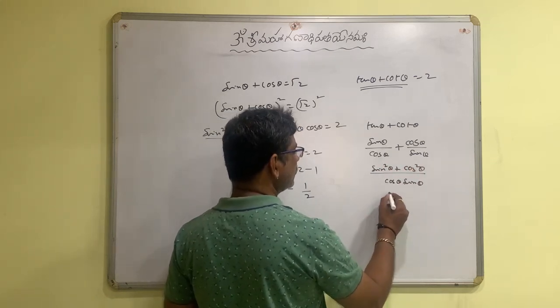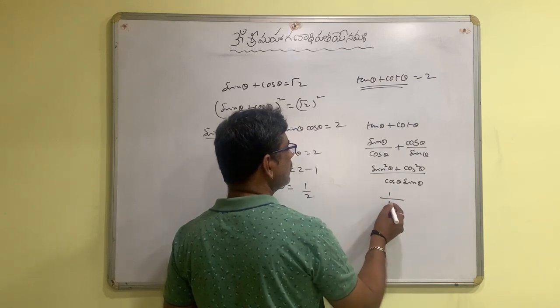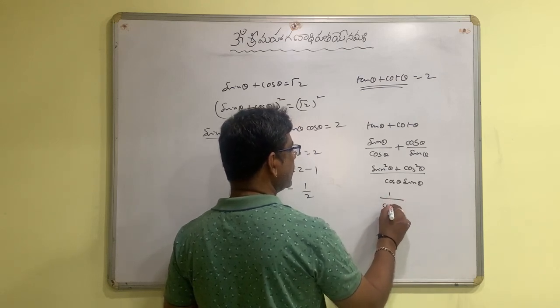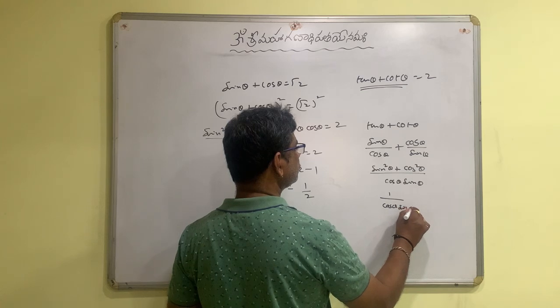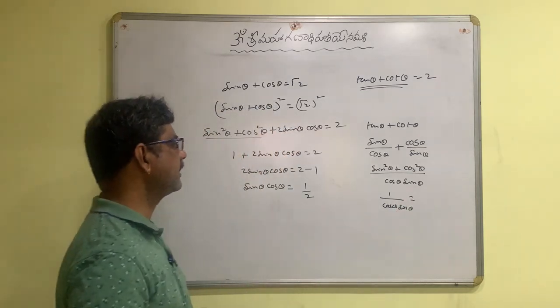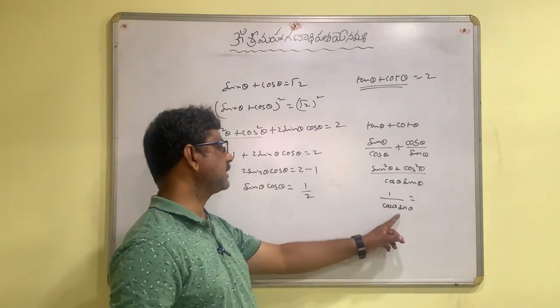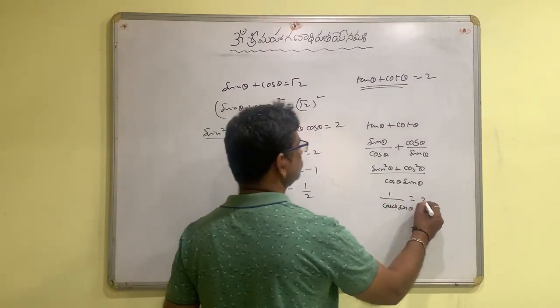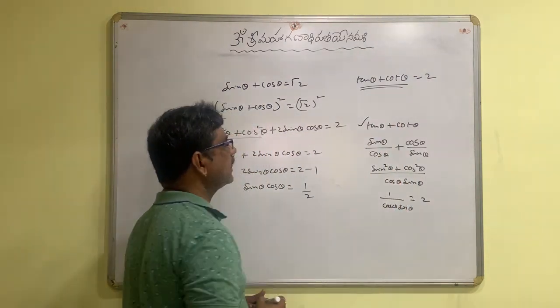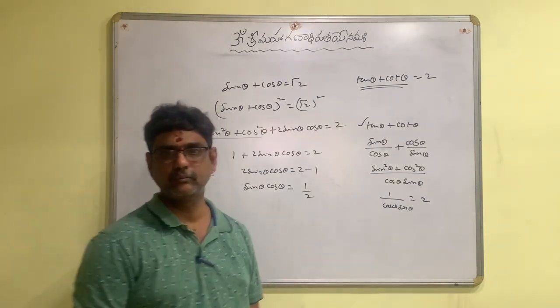Sin square theta plus cos square theta, we know it is 1. So 1 by cos theta sin theta. Children, you see here, sin theta cos theta is 1 by 2. Then 1 by sin theta cos theta is 2. So tan theta plus cot theta is 2.